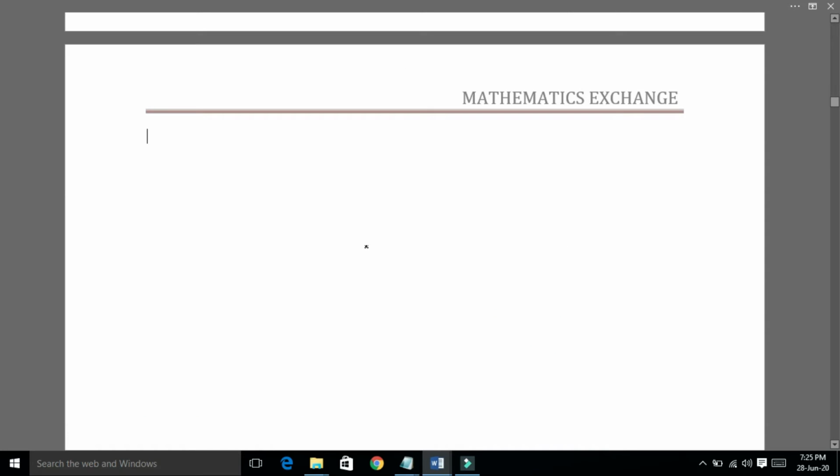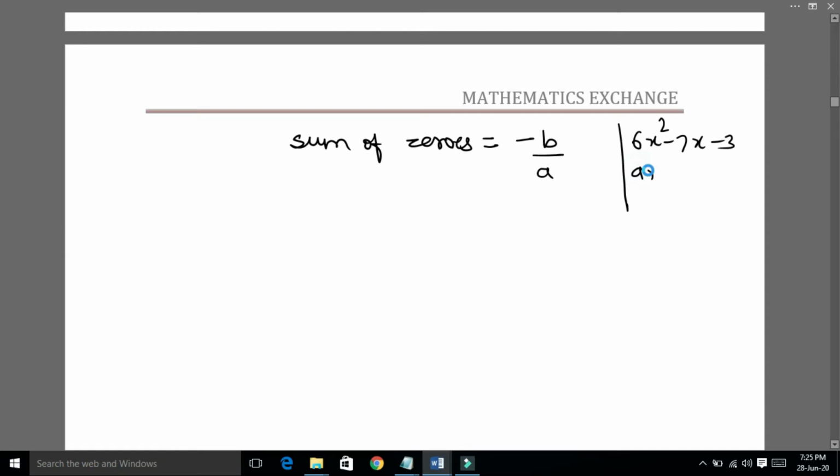Now let us calculate the sum of zeros by the formula. So the sum of zeros is equal to minus b upon a. Now we compare the given polynomial with the standard form. The given polynomial is 6x square minus 7x minus 3. The general form is ax square plus bx plus c.